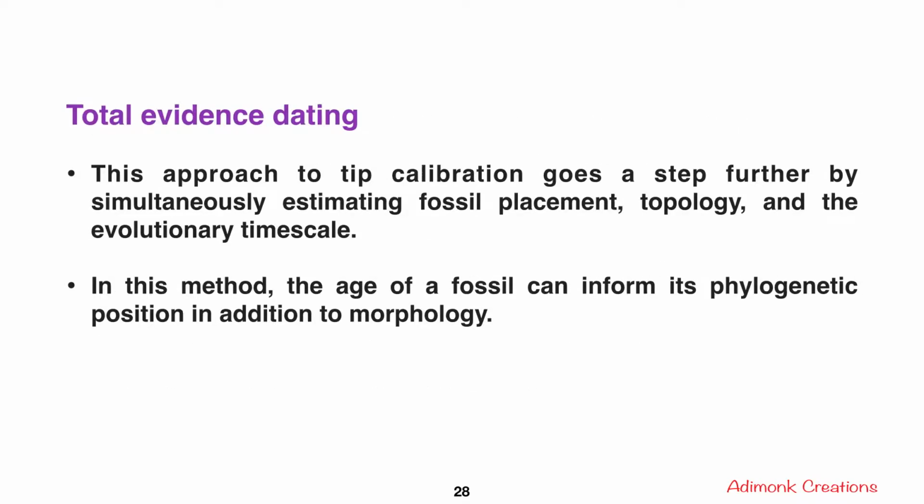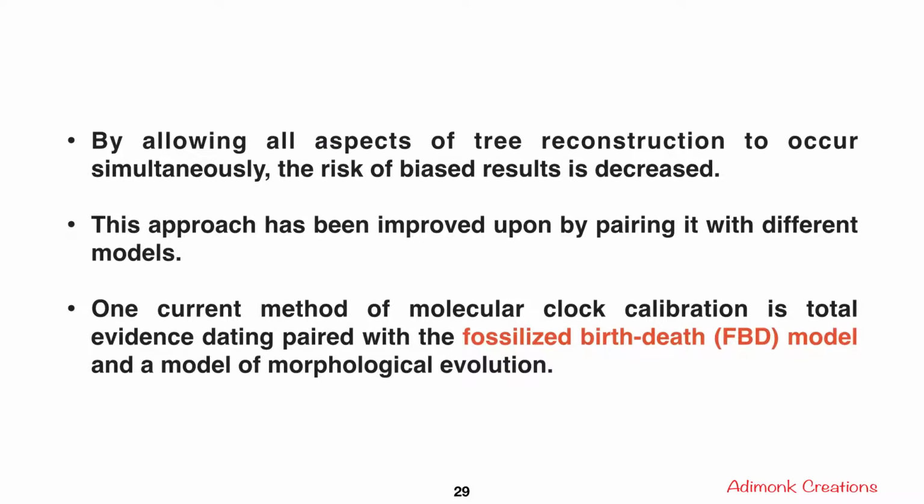Next is total evidence dating. This approach to tip calibration goes a step further by simultaneously estimating fossil placement, topology and the evolutionary timescale together. In this method, the age of the fossil can inform its phylogenetic position in addition to morphology. By allowing all aspects of tree reconstruction to occur simultaneously, the risk of biased results is decreased.